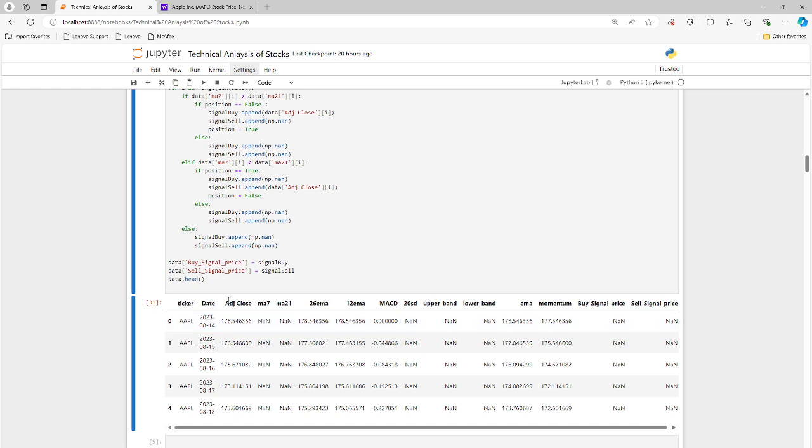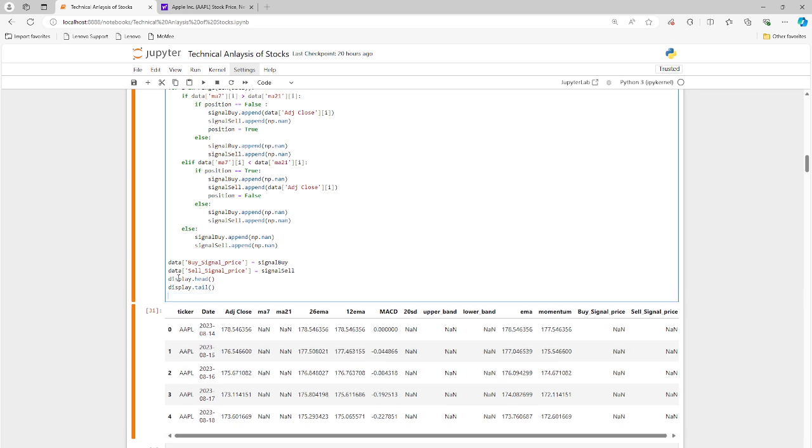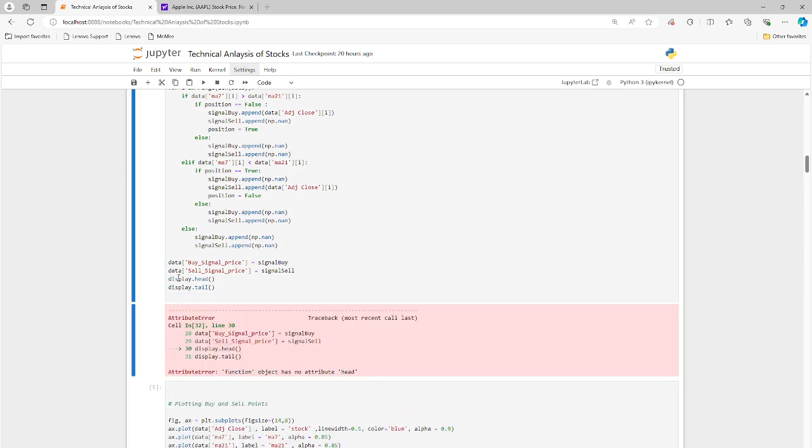And okay, let me change a couple things over here. This is the AAPL. I like these displays a little bit better, and display tail. By default, you get the top 5. Oh wait, sorry about that. What's going on here?